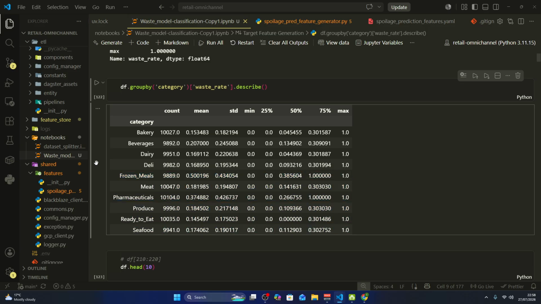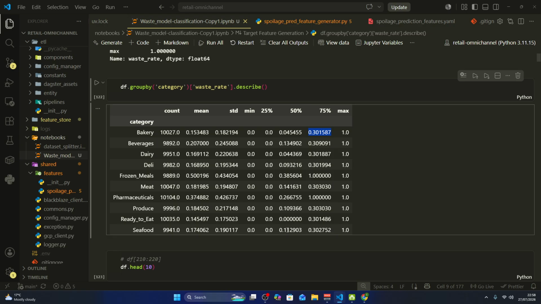That means for the frozen meals, for some shipments, the entirety of that shipment actually went to waste. Then for the pharmaceuticals, again, some of those shipments actually went to waste. The others are ranging about 0.30, so 30% of the entire shipment went to waste. So that is basically what you can get from this.